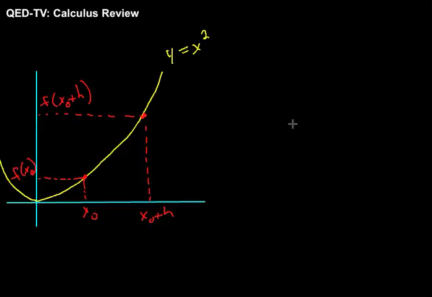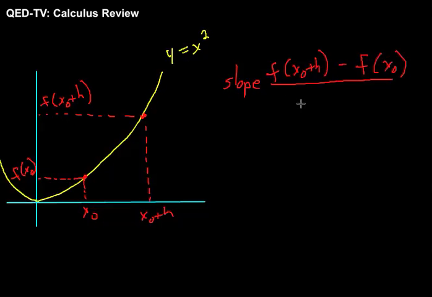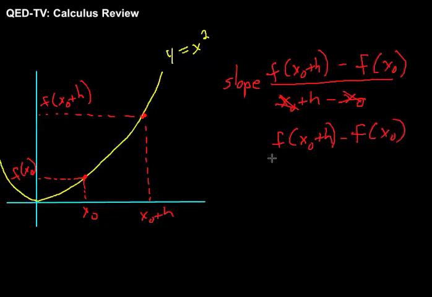squared. X naught squared. So if I calculate out my slope formula, which we did earlier, I have f of x naught plus h minus f of x naught all over x naught plus h minus x naught, and my x naughts of course cancel out, and so I have f of x naught plus h minus f of x naught all over h in this case.